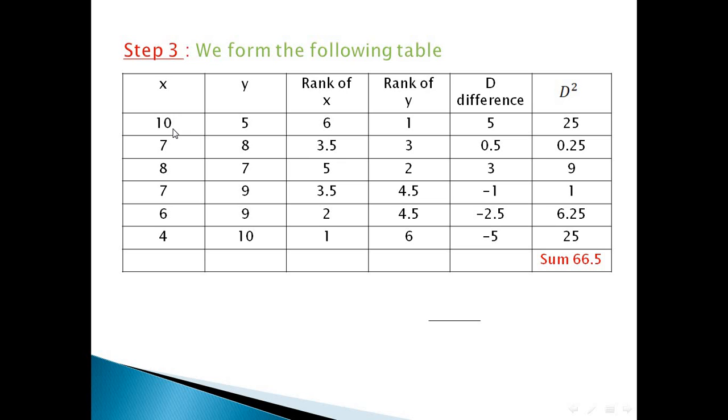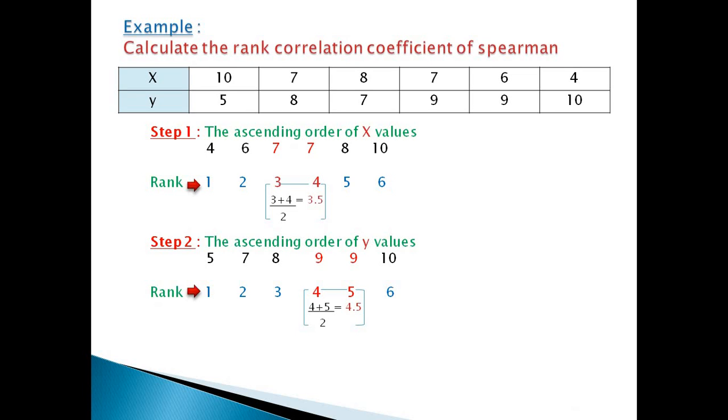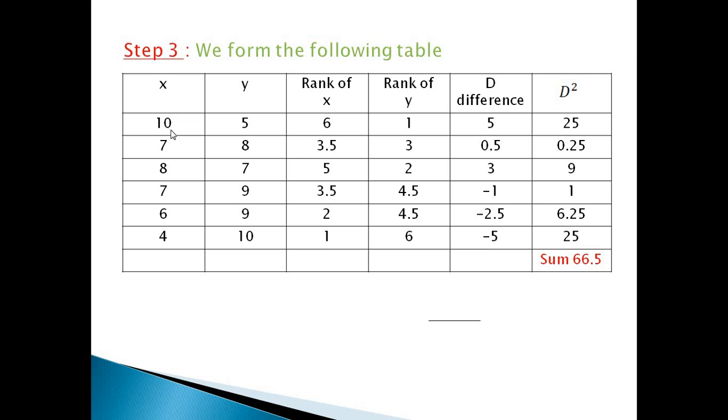We have the rank of x when x equals 10. As we see here, 10, its rank is 6. So you're gonna write in the table the rank of 10, its rank is 6. And do the same with the rest of the values. The rank of 7, 3.5, and you remember that we have repeated 7 here, so the rank of 7 in both of them, 3.5, 3.5.